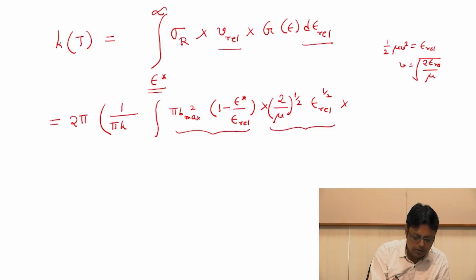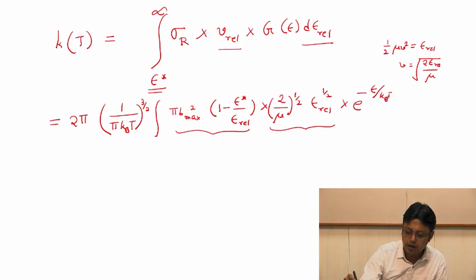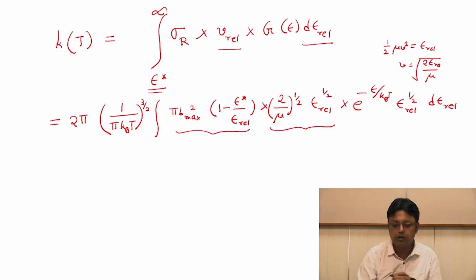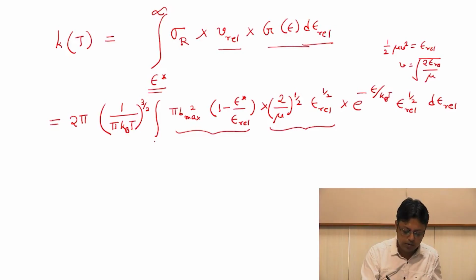These are all relative epsilon. So that is the expression for g epsilon d epsilon. So let us now calculate it. The lower limit is epsilon star, the upper limit is infinity.